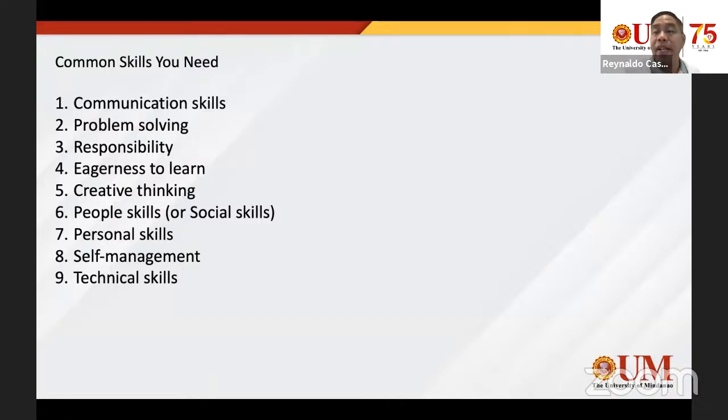Hindi pwede na nasa nook ka lang, wala kang friend, wala kang kakilala, 'di ba? Importante talaga na meron ka ding mga networks, meron ka ding mga friends, all right?